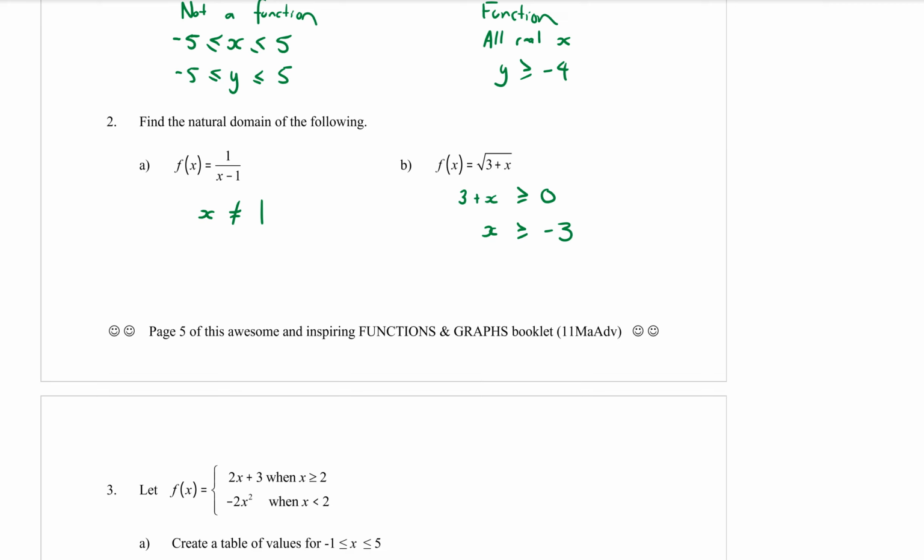Lachlan? I don't get what the natural domain is. So natural domain, I talked about at the beginning of the lesson. Max? The natural domain is just if I give you the equation of the graph, what are the possible restrictions on that, normally. So like a parabola, what are the possible x values and what are the possible y values that I can have, domain and range.